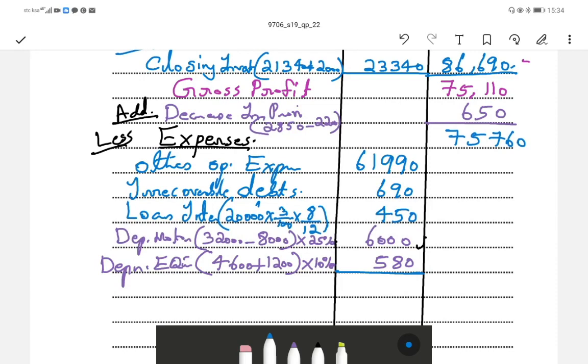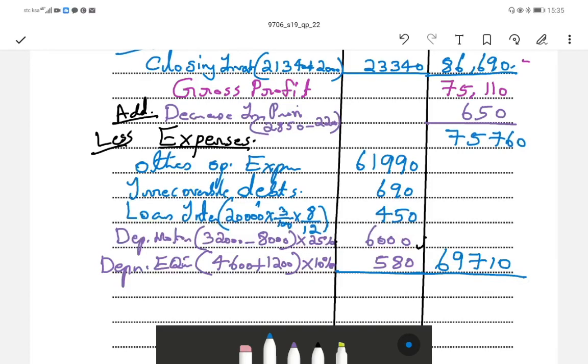The total of expense is equal to 61,990 plus 450 plus 690 plus 6,000 plus 580 is equal to 69,710. This is our expense.